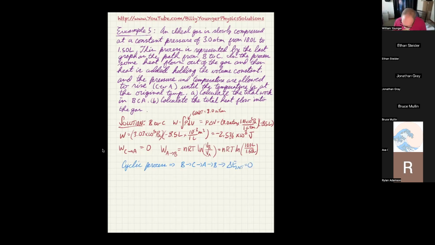The first law of thermodynamics says that delta E internal is equal to Q minus W. So delta E internal equals 0 implies Q is equal to W. So we should be able to figure out from that exactly how much heat is added.